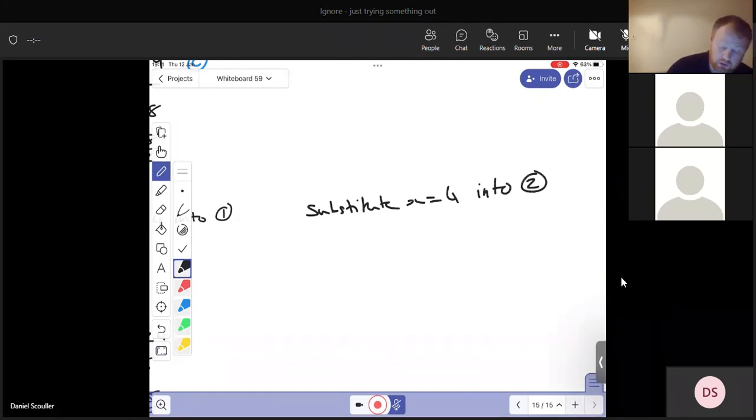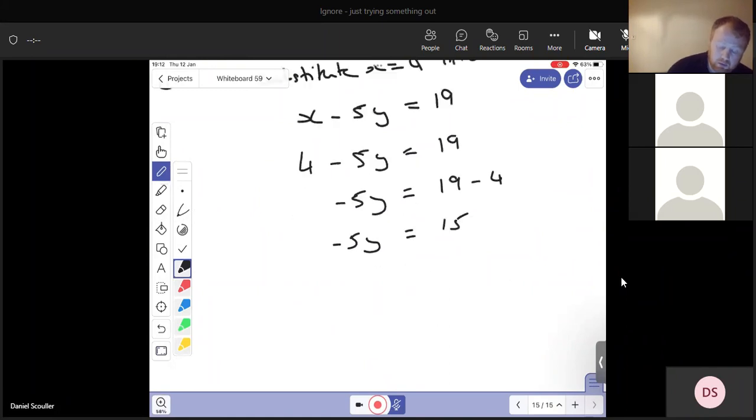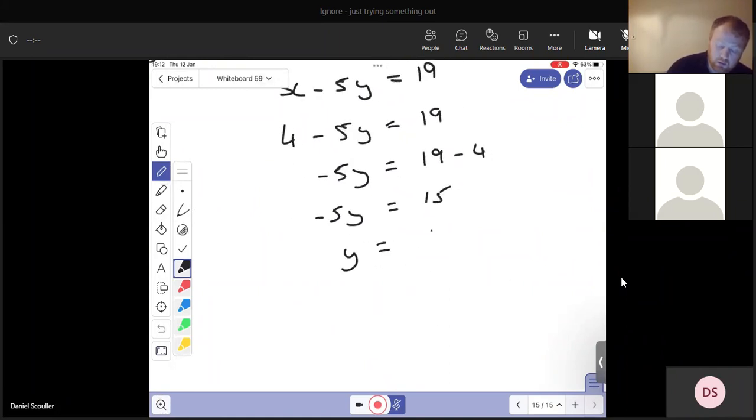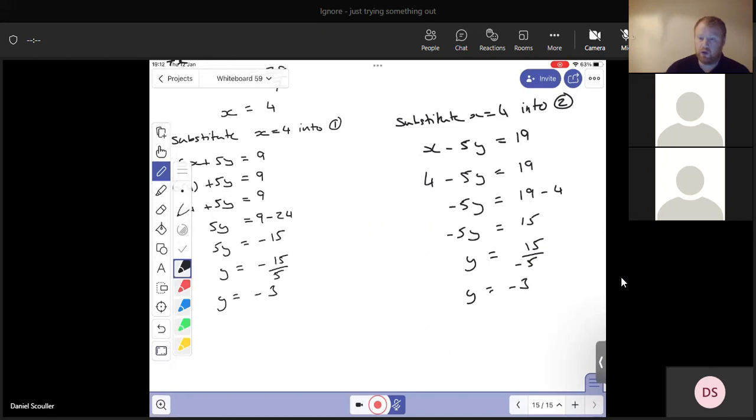Equation 2 was x minus 5y equals 19. x equals 4, so 4 minus 5y equals 19. Minus 5y equals 19 minus 4, so minus 15 divided by negative 5, y is equal to negative 3. Exact same answer. So you can substitute that into either, you'll get the same answer.